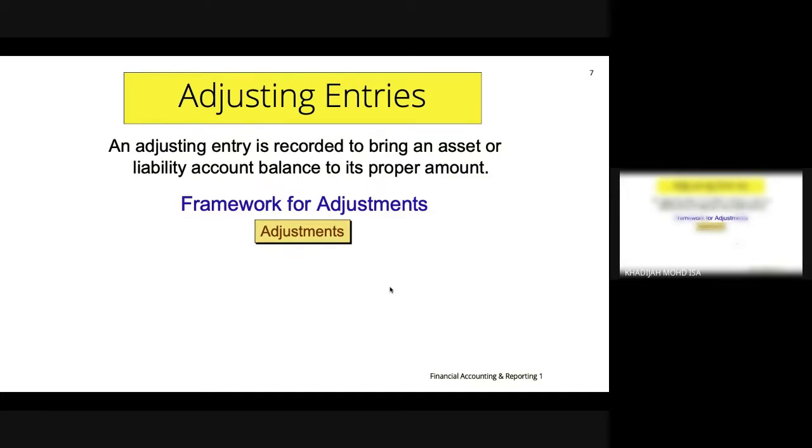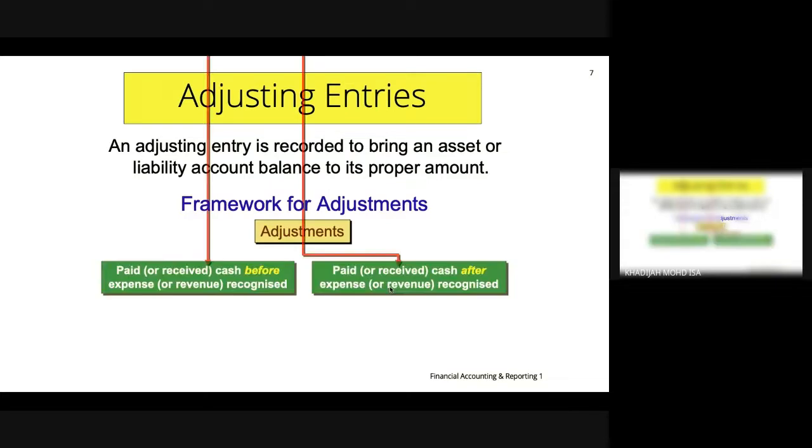So what are the adjustments? Number one is when you pay or receive cash before expense or revenue is recognized, or you pay or receive cash after expense or revenue is recognized. Here we introduce the terms prepaid expenses and prepaid revenue, or accrued expenses and accrued revenue.